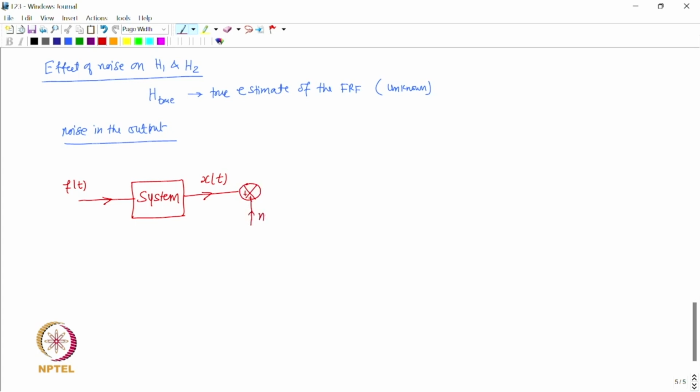So, it means some noise gets added to this response. Let us call that noise n of t, and then what we measure is the noisy signal, let us represent it by x bar t. So, x bar t is the measured response signal, n of t is uncorrelated random noise, and f of t is the measured force signal.